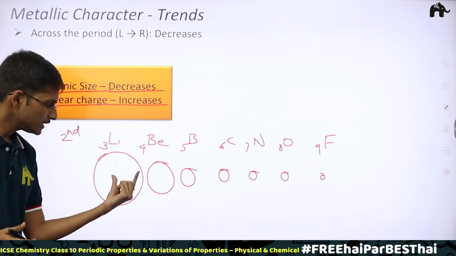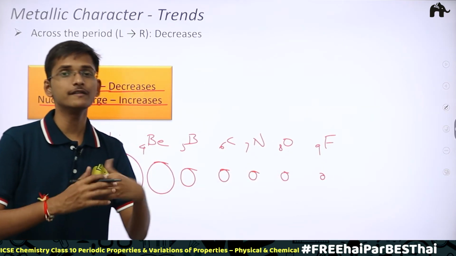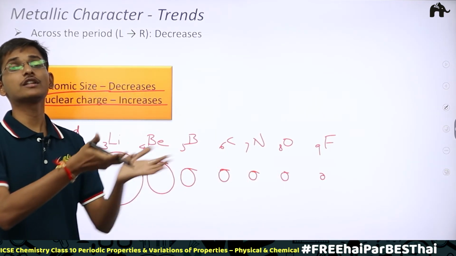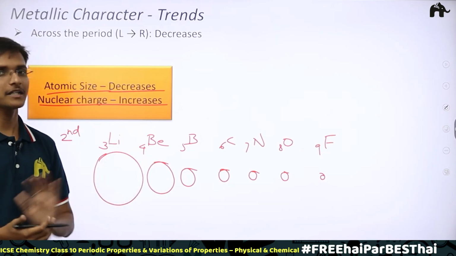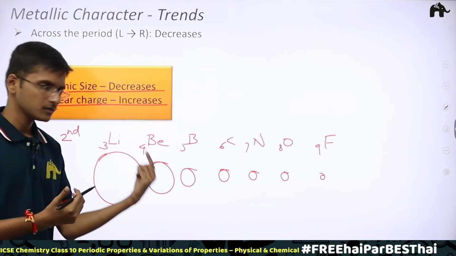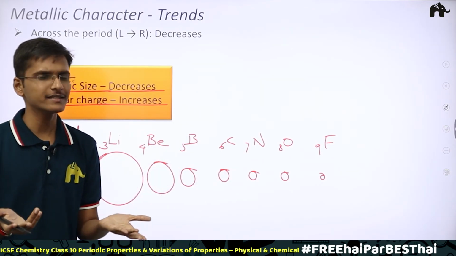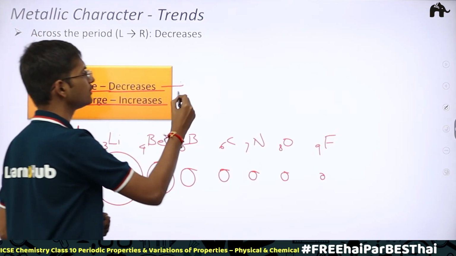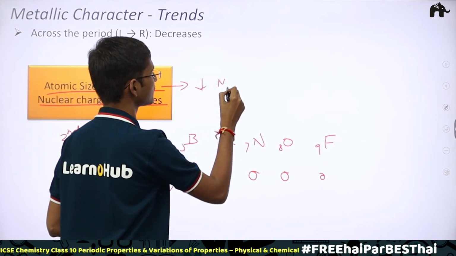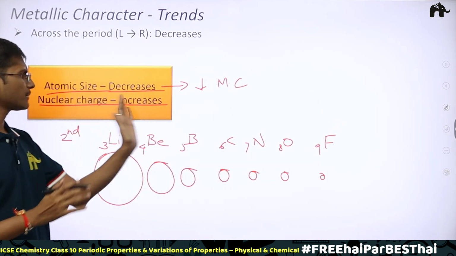Because now the electron is moving closer and closer to the nucleus, so it would be difficult for the atom to lose the electron. If it is becoming difficult for the atom to lose the electron, the tendency to lose electron would be less. Less tendency to lose electron means less metallic character. So in this way we are going to understand. Very easy.